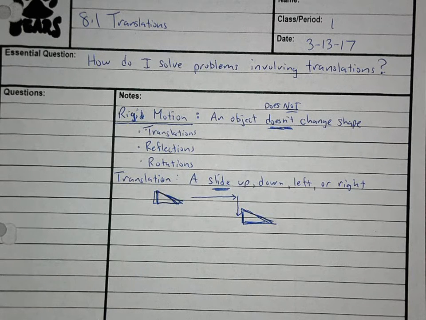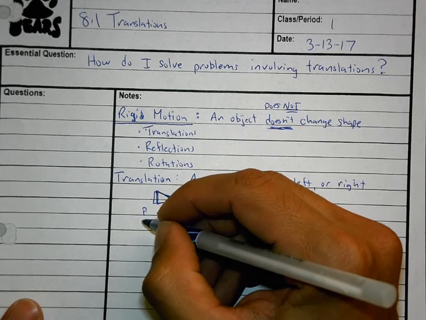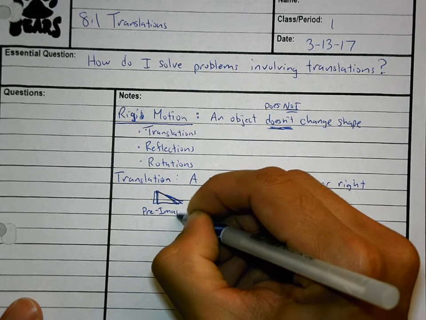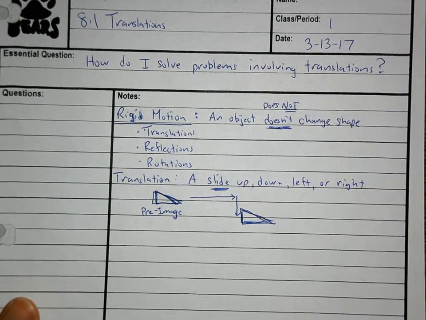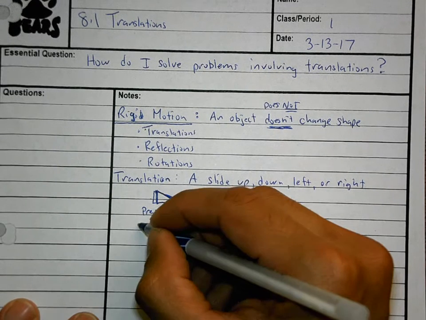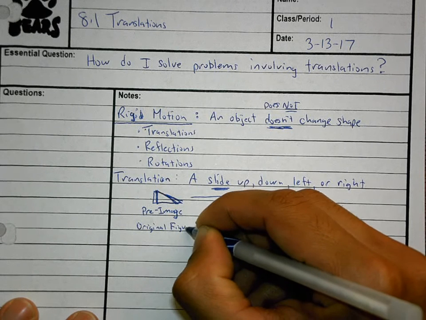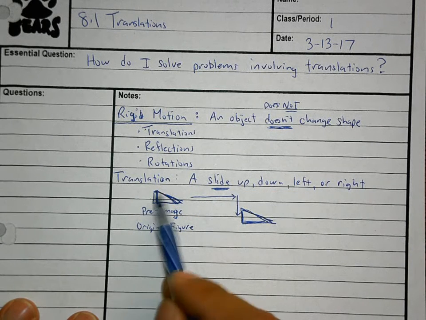When you do a translation, there's this thing called the pre-image. The pre-image is the original figure. So this is the pre-image.